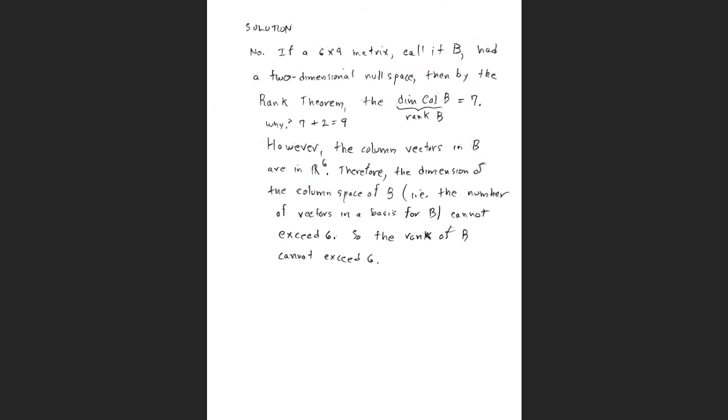The number of rows is 6. So that means there can only be 6 entries in the column vectors of B. And so the most you could have, the dimension of the column space of B, cannot exceed 6.